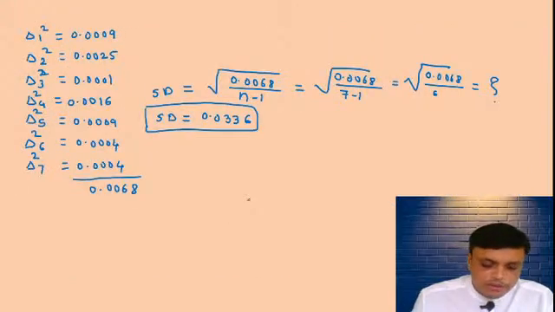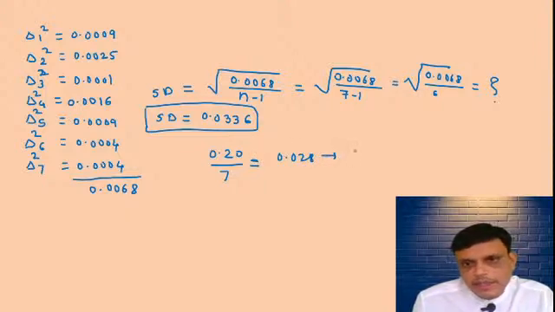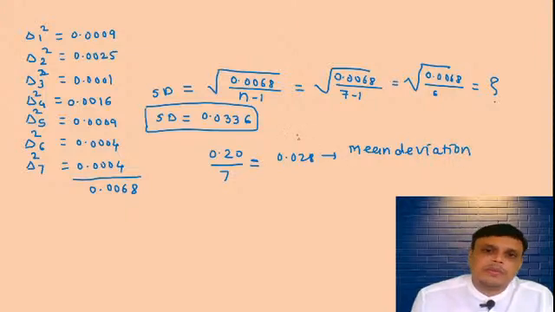After adding this value, you will get 0.20 divided by 7, it will come 0.028. It is the value of mean deviation or average deviation.